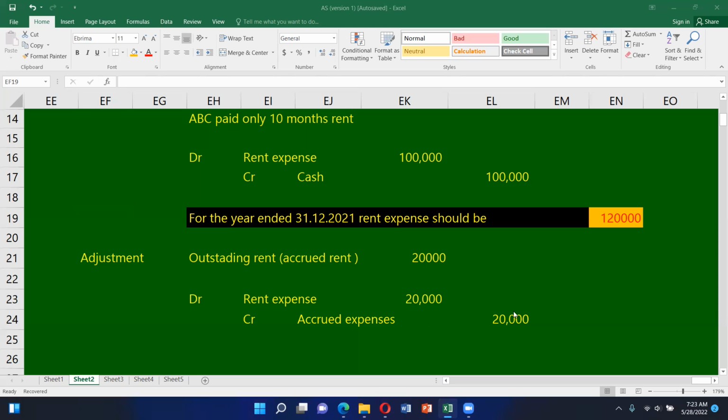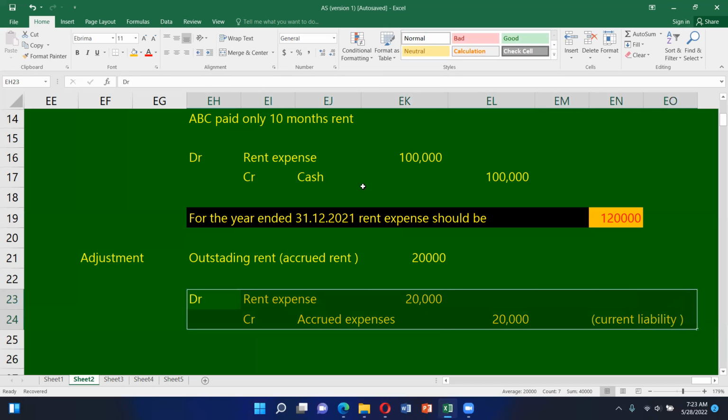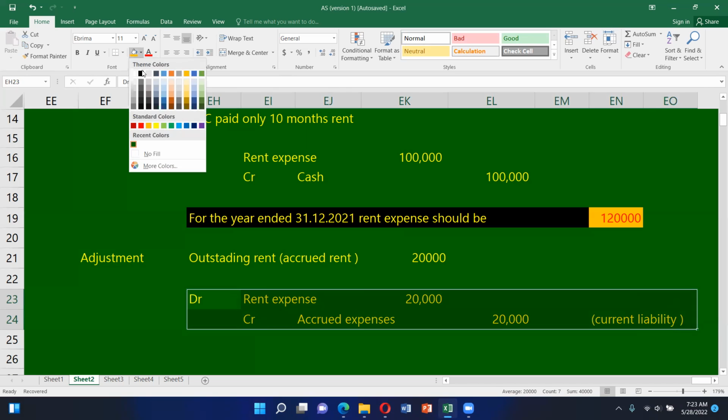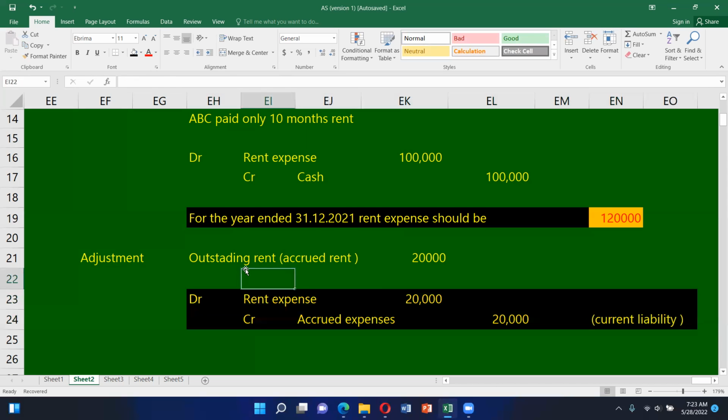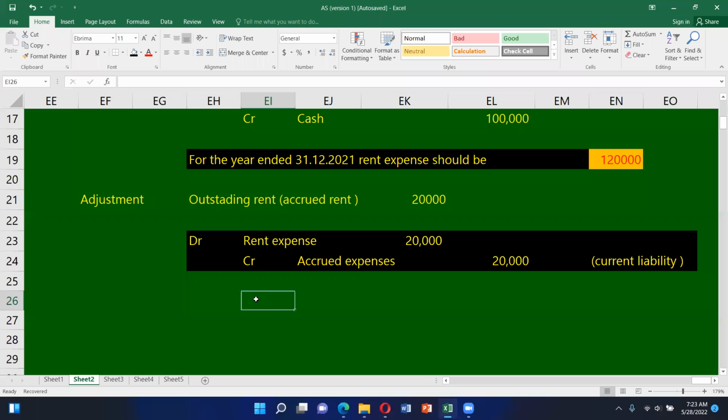So this accrued expenses will be recorded under current liability. It's a current liability, because it's an obligation. Since it's a short-term liability, it will come under current liability.